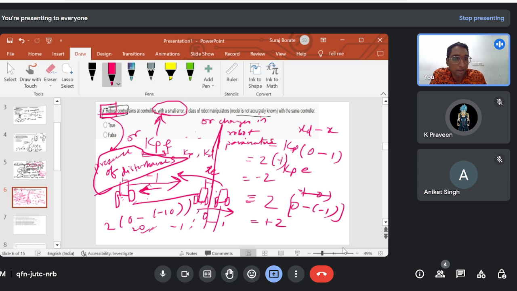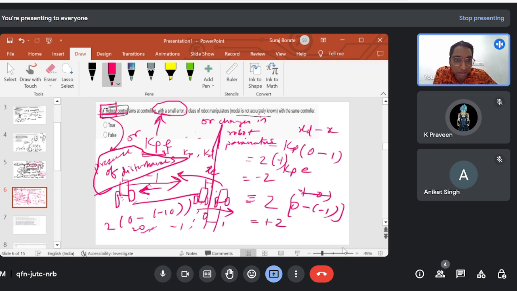When we say robot parameters, it can be the weight of the robot, or let's say some wear and tear in the robot. So even when things change, the control should perform within certain bounds. The performance of the control should remain within certain bounds, or it should perform well. So that is called robust control.